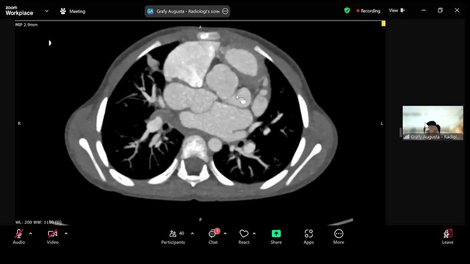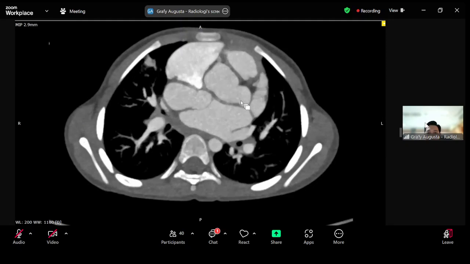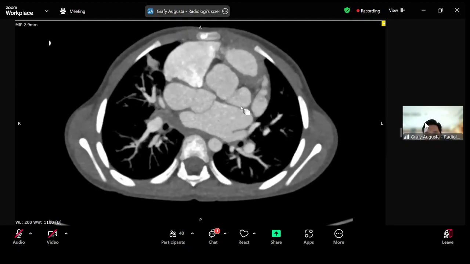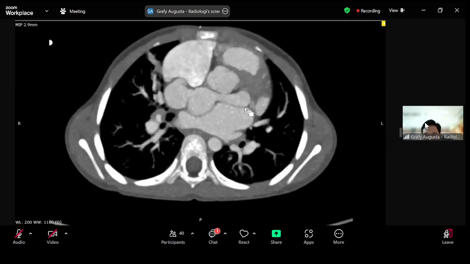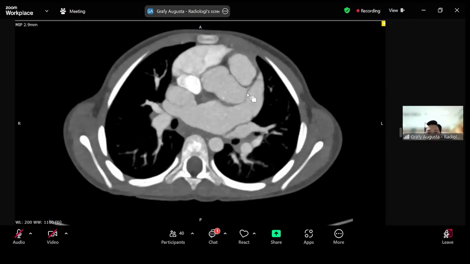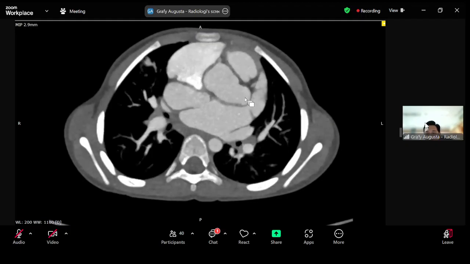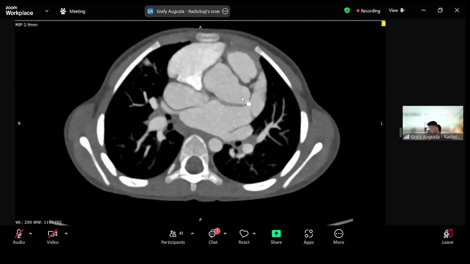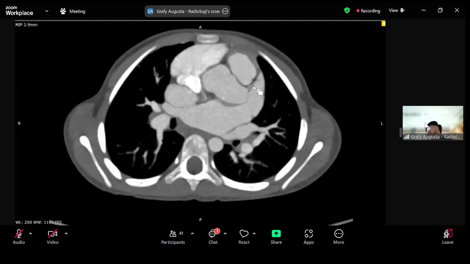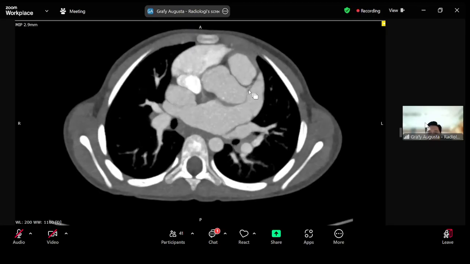And the left main branches into two branches. First is the LCX, or left circumflex artery, that is very dilated, and the left anterior descending, this one.